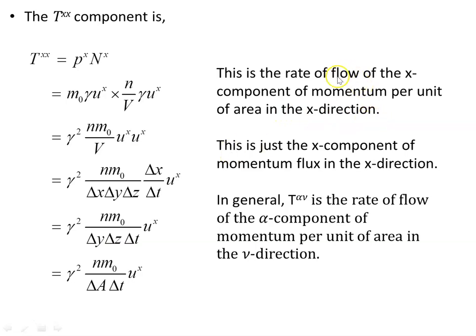Rate of flow means there's a time component, because it's a change in a quantity per unit of time. This is just the x component of the momentum flux in the x direction. So in general, T alpha nu, upper or lower, is the rate of flow of the alpha component of momentum per unit of area in the nu direction.